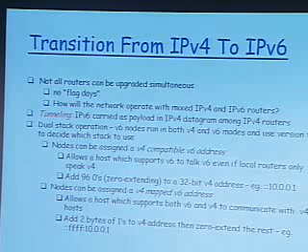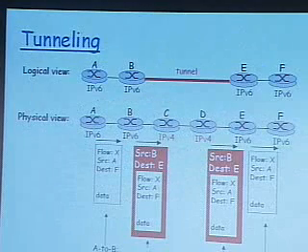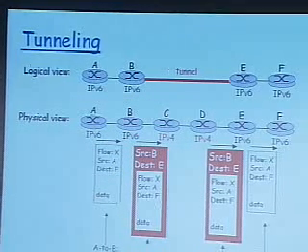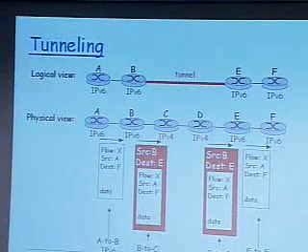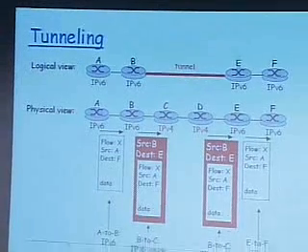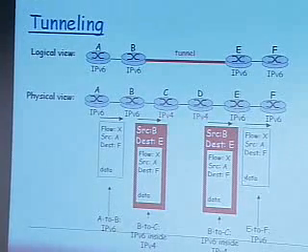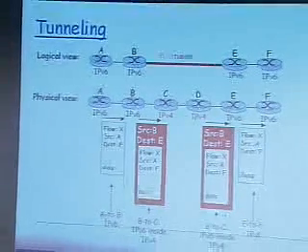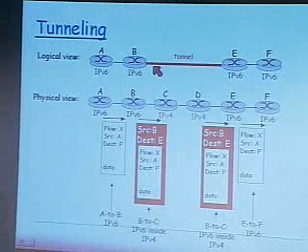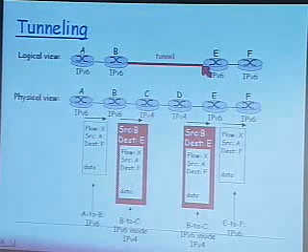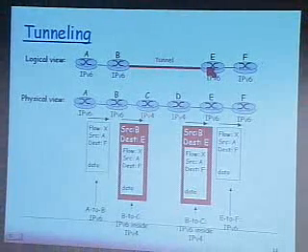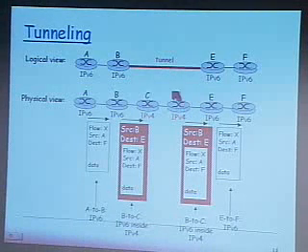Tunneling is something more interesting. So in tunneling, the logical view is that you're running in a network where some devices understand IPv4 and IPv6, whereas other devices only understand IPv4. With tunneling, you create a logical tunnel between devices that speak IPv6, and this tunnel goes over devices that speak only IPv4.